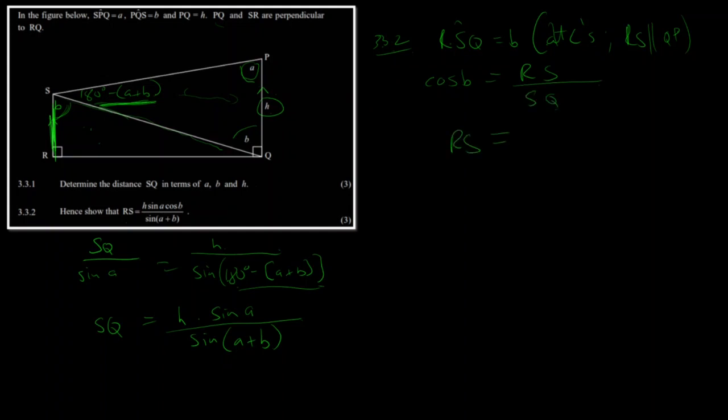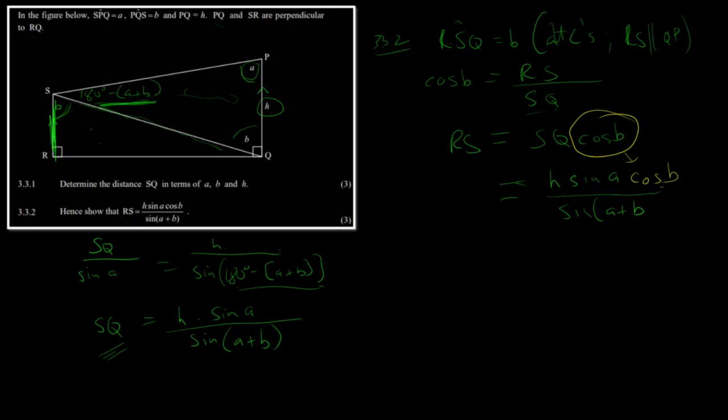For RS, if we multiply both sides by SQ, it's going to be equal to SQ times cosine of B, but we have a term for SQ which is equal to H sine of A over sine of (A plus B), and then we just need to multiply it by cosine B, and there, everything's been proven, and I close the bracket in the denominator as a final touch. So yeah, that finishes that.